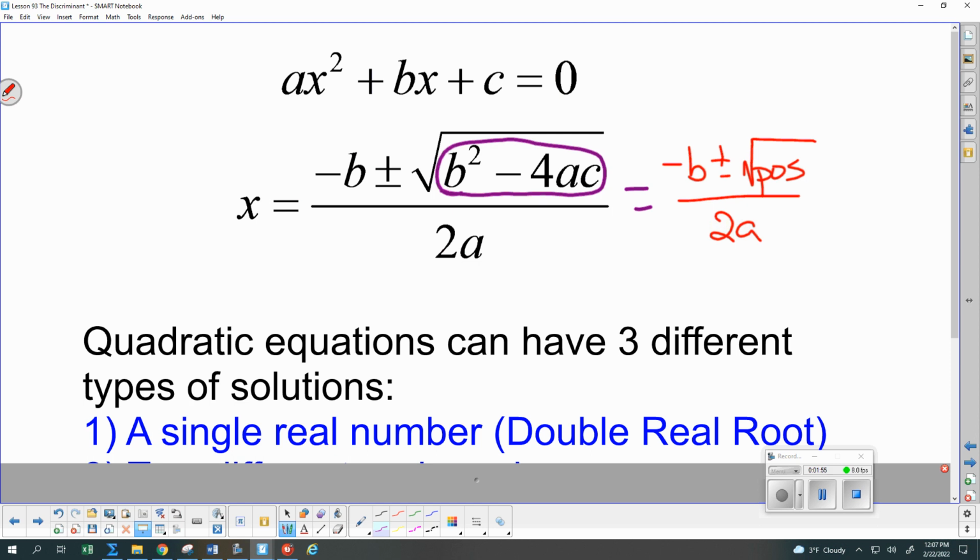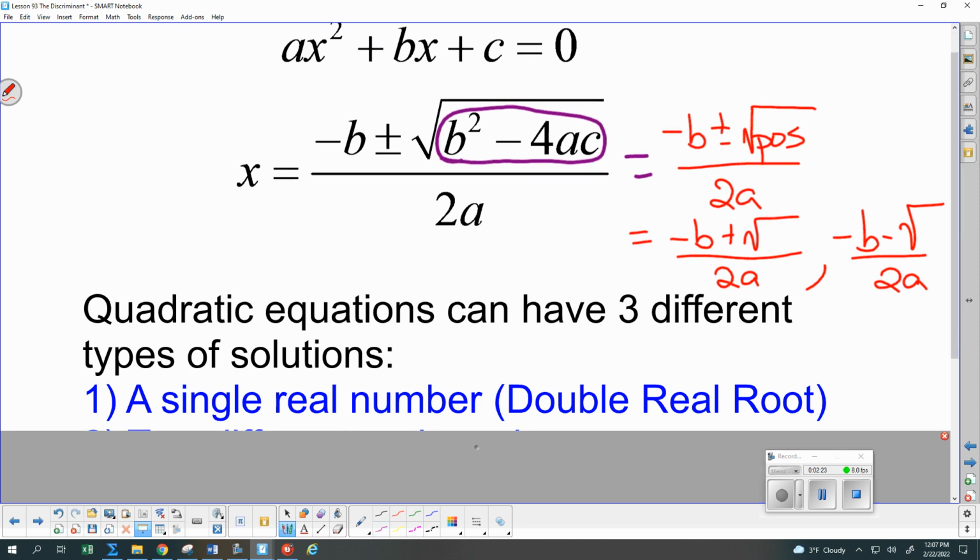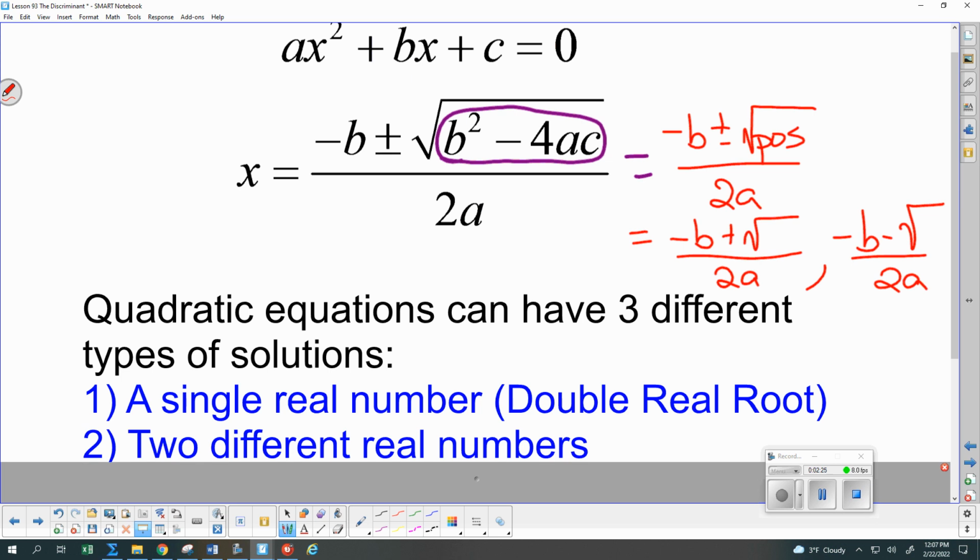Maybe it comes out to be an integer, maybe it stays the square root, but we know that means we have the opposite of b plus whatever that square root is over 2a, and we have the opposite of b minus the square root of whatever that is over whatever the denominator turns out to be when we plug in. If that square root is a positive thing, those are two different numbers, right? But they're still real because we're taking the square root of a positive. So sometimes we get two different real numbers.